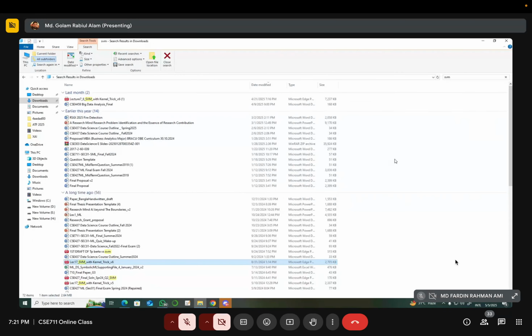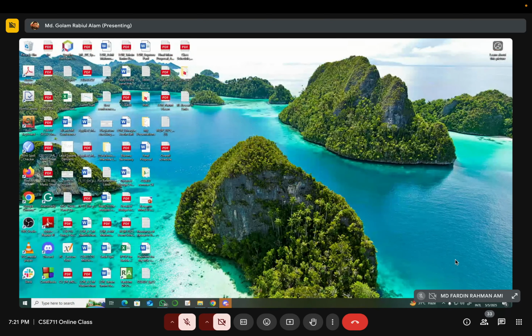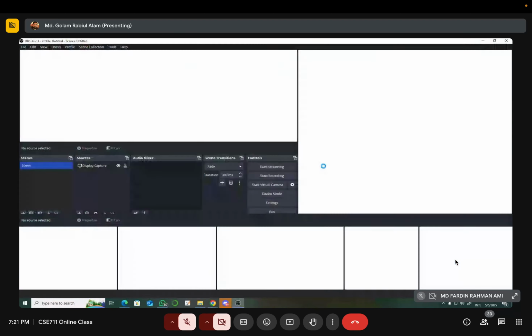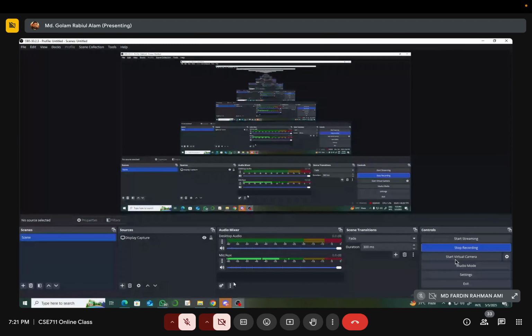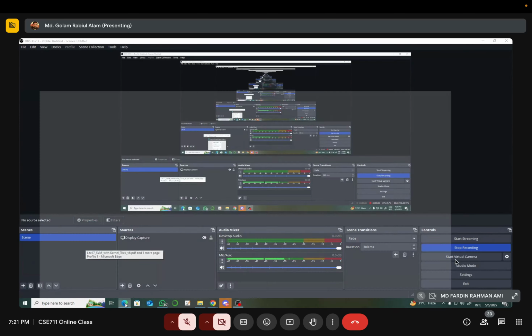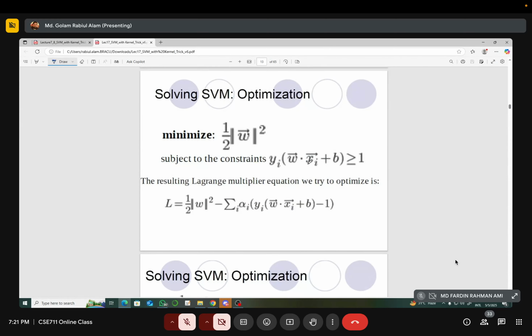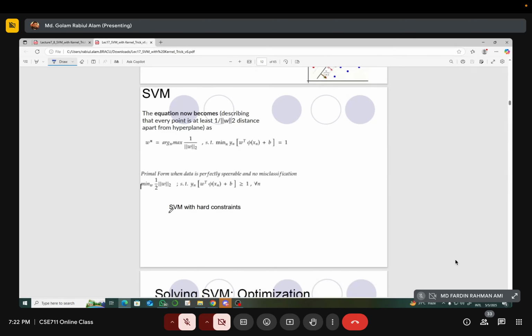Start our today's lecture. I think it's on SVM, support vector machine. In our last class, we have started discussion on support vector machine, and we have derived the equation that is the support vector machine with hard constraints.